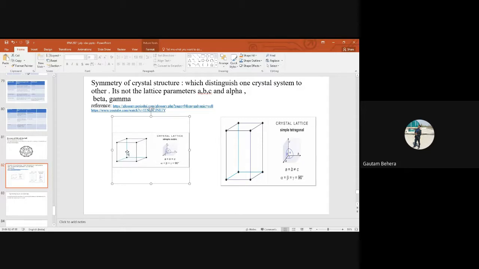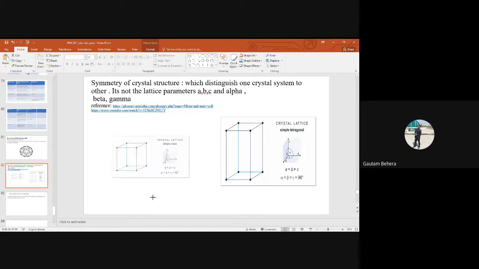This angle's name is alpha, and this is B as length, so opposite to this will be beta. If this is C, then the opposite interaxial angle will be gamma, right? So this is alpha, this one is beta, this one is gamma, which is shown over here.